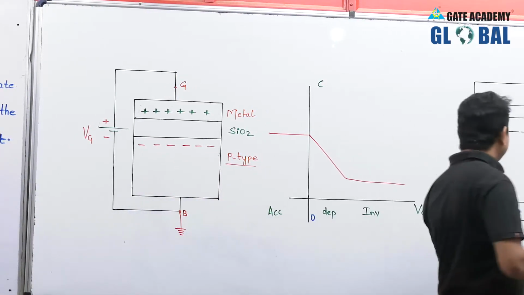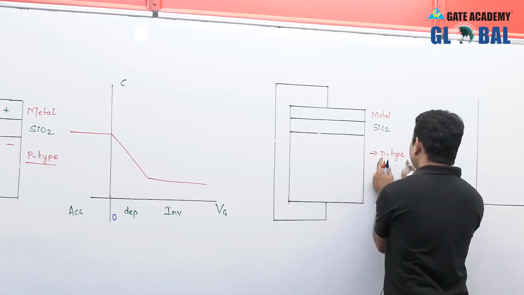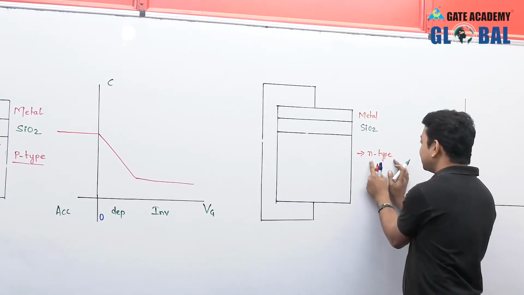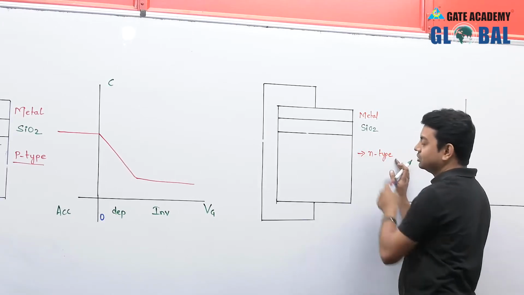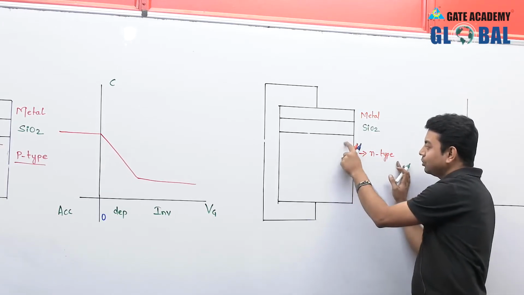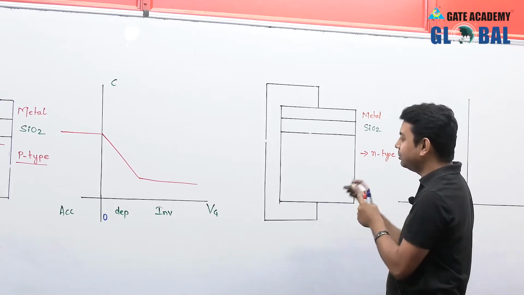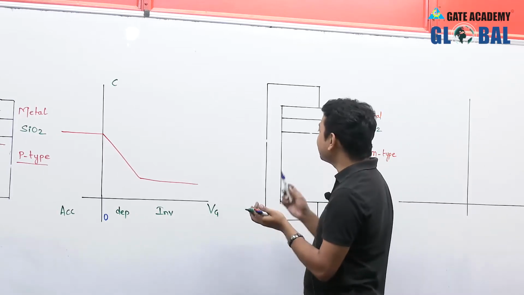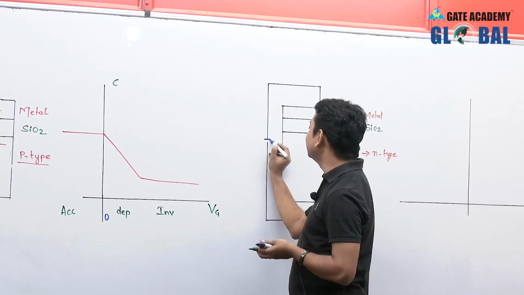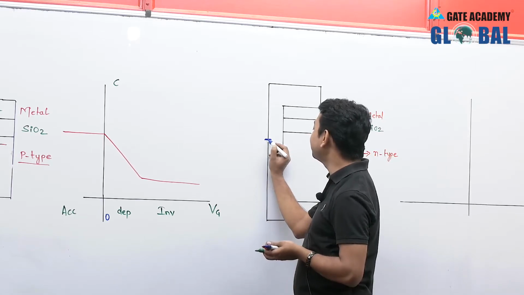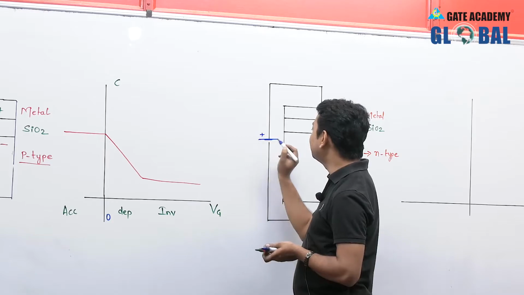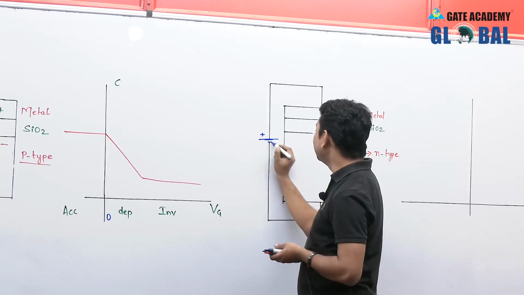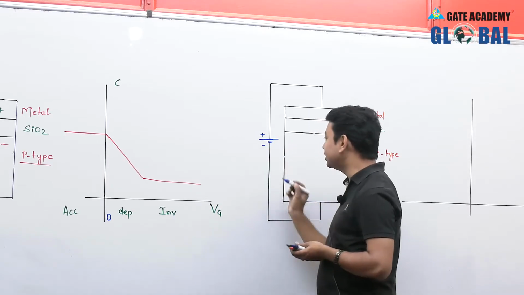Here, in the same N-type semiconductor, the accumulation means the presence of electrons, and the presence of electrons in the semiconductor will take place when we apply a positive voltage on the metal side and negative voltage on the semiconductor side.